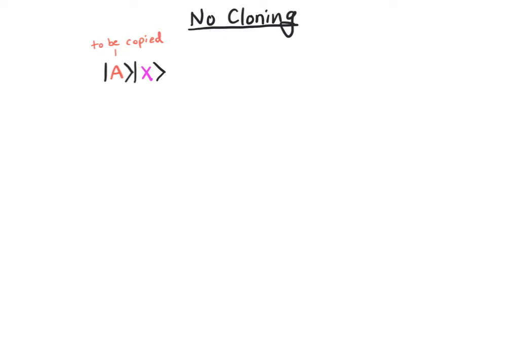So let's define a linear operator C that takes two states, A and some template X, and returns A and A. We have successfully copied our arbitrary state A onto our other template state X. So now we have two different systems, each in the state A. We've successfully copied A from one system to another and preserved the original.